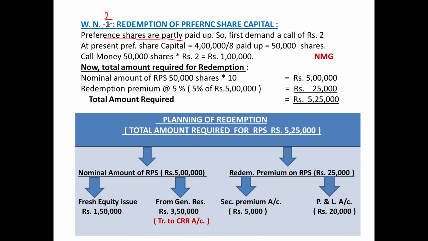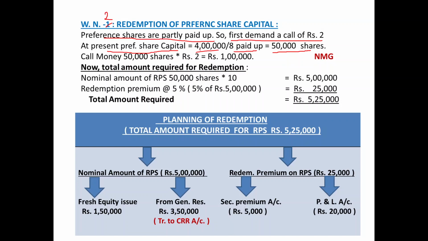Preference shares are partly paid up, as I already showed you in the balance sheet and we verified it. So first demand a call of rupees 2. At present preference share capital is rupees 4 lakh, with 8 rupees paid up per share. It means 50,000 shares are there. 50,000 shares into 8 paid up gives rupees 4 lakh, the closing balance of last year.